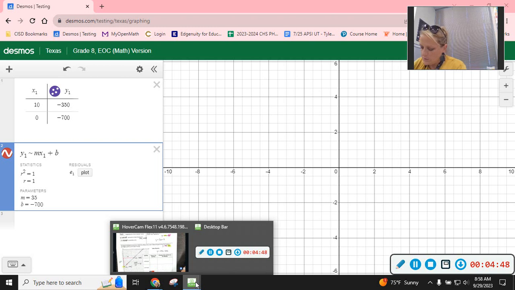Okay, so my x-intercept is where it crosses the x-axis. In this case, it is 20. The meaning of that is when my submarine surfaces. My y-intercept was that negative 700, and that's the starting depth of my submarine.